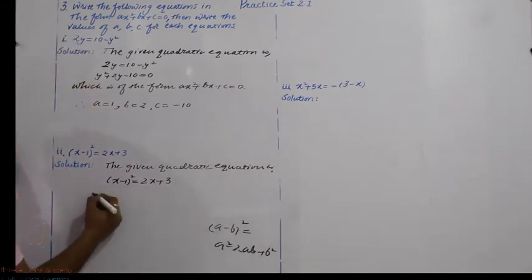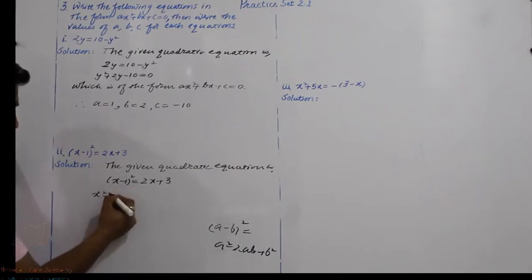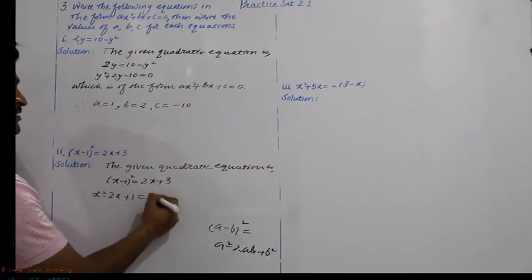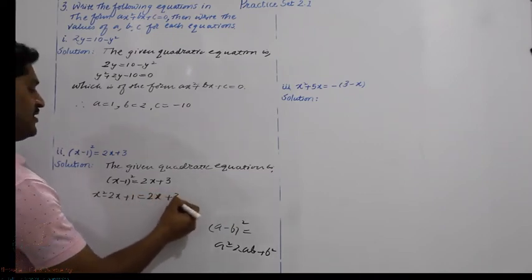So using that formula it will become x square minus double of the multiplication of those two terms, that is nothing but here 2x, and the square of the last term is 1, that is equal to 2x plus 3.